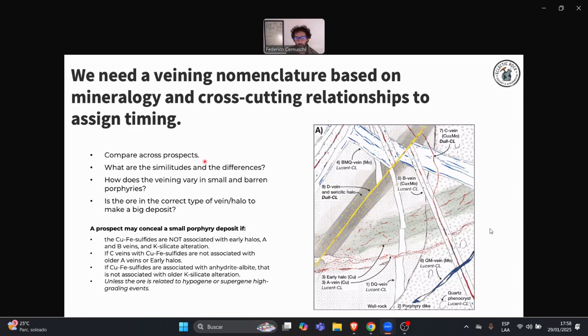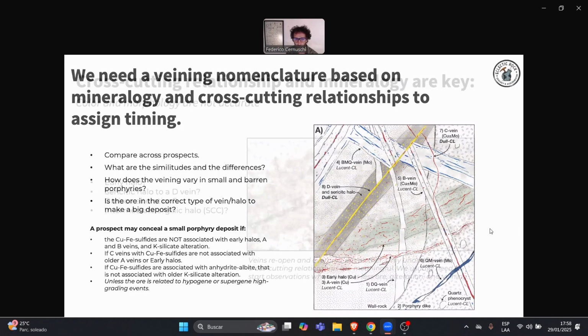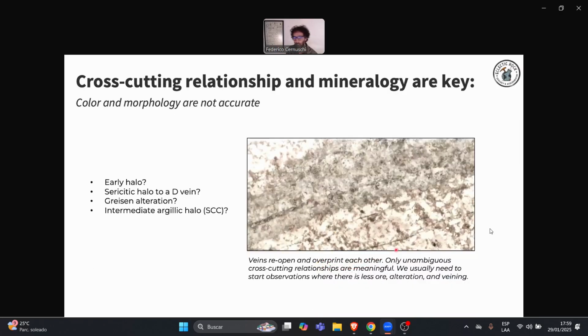And I think in some cases, if you're early on in exploration and you have copper hits, but they're not associated to the right type of vein, being A veins or early halos, there are chances you have a sub-economic porphyry more than an economic porphyry. This also takes some time and some effort.